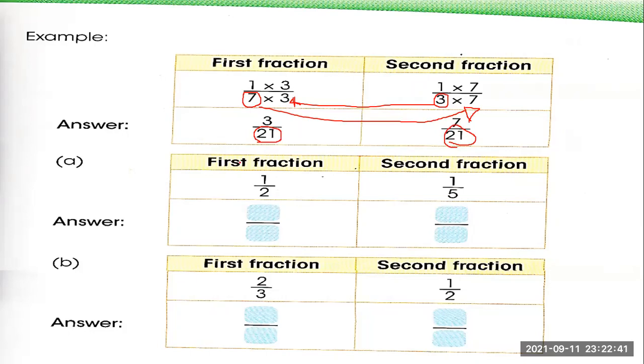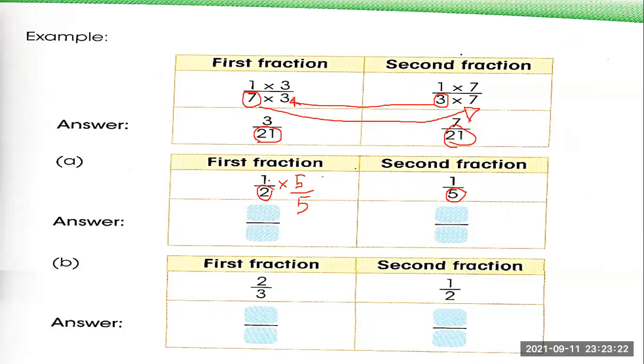Now, this time we have letter A. We have 1/2 and 1/5. How are we going to do it? Okay, we have here the denominator of 2 and denominator of 5. Let's answer first the first fraction. This time, we need to multiply this one by the denominator of the second fraction, which is 5.